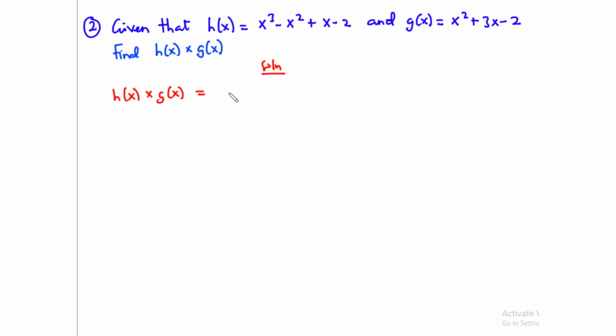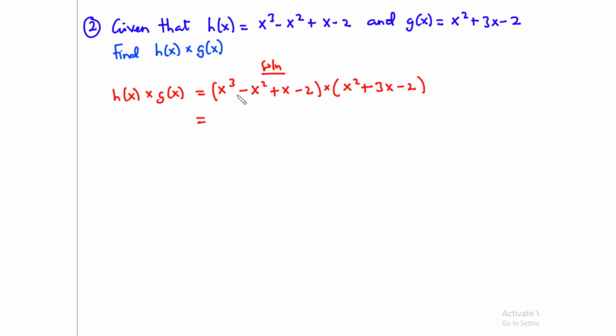So we have h of x to be x cubed minus x squared plus x minus 2 times x squared plus 3x minus 2. That is g of x.